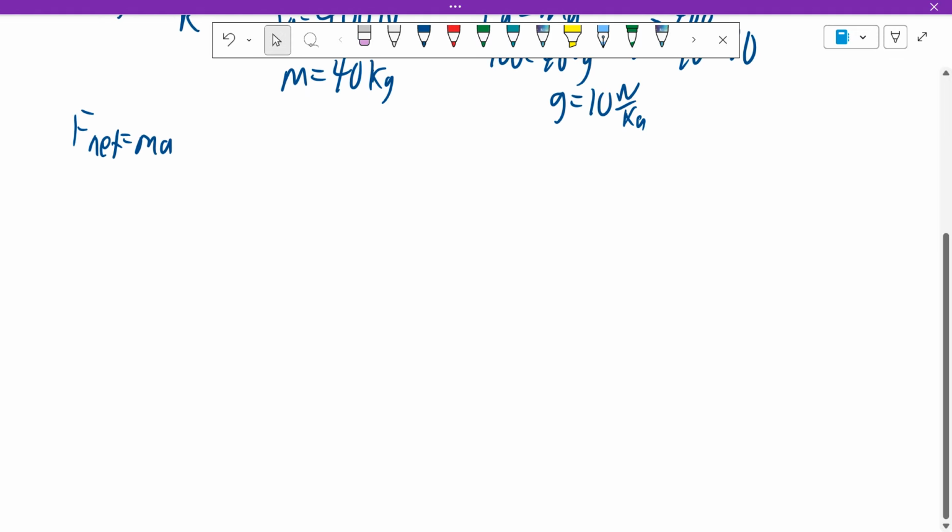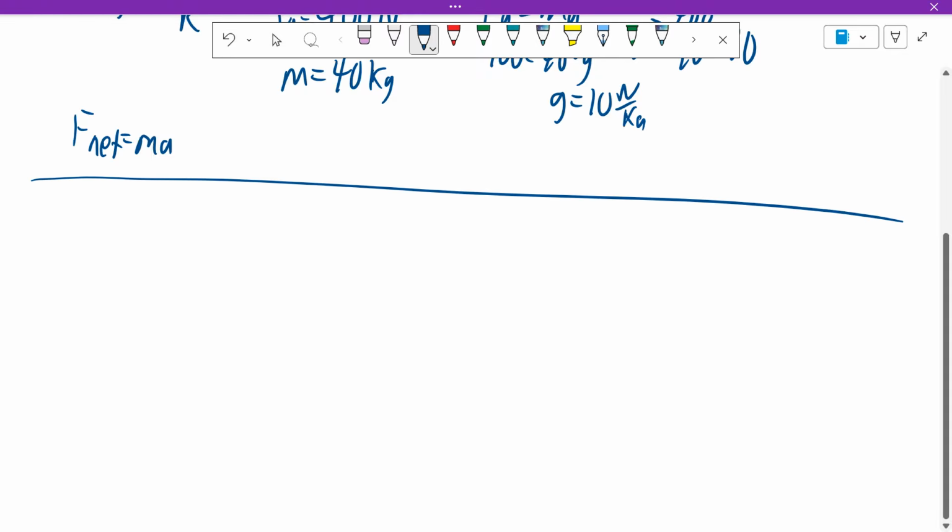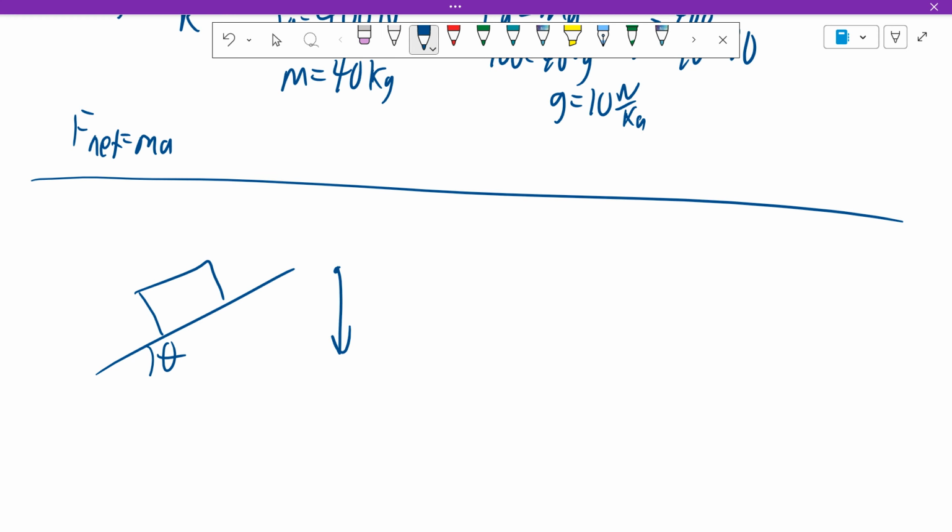Moving on, there's some scenarios that always seem to pop up in this Unit 2 test. The first is just objects on a ramp. You don't need to know how to derive this, but just know that the force diagram here would be Fg going that way, Fn going this way, Ff going this way.